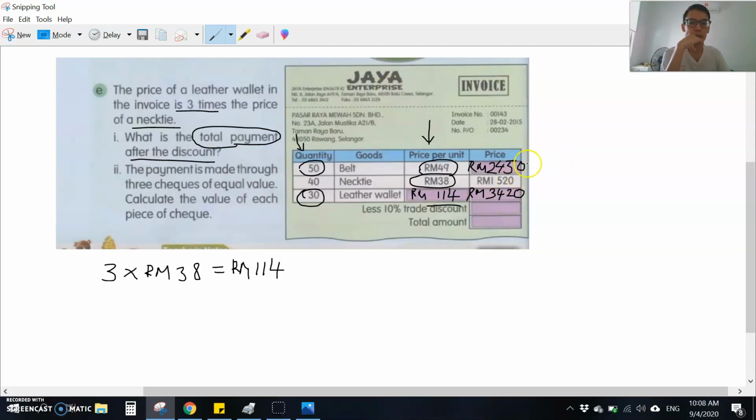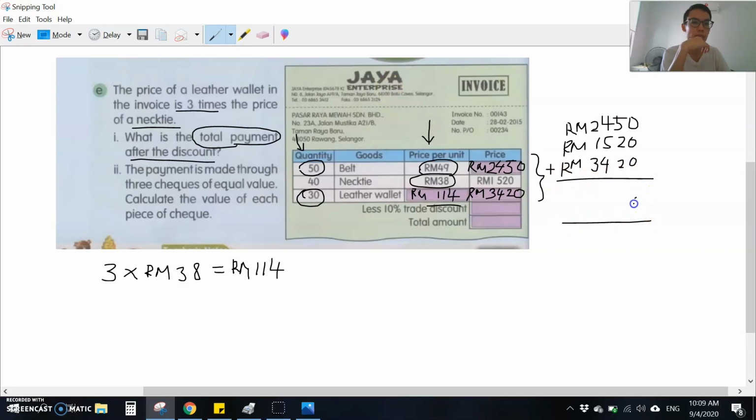Then you add these 3. Tambahkan 3 ini, cari jumlah sebelum discount. So 2,450 plus 1,520 plus 3,420.